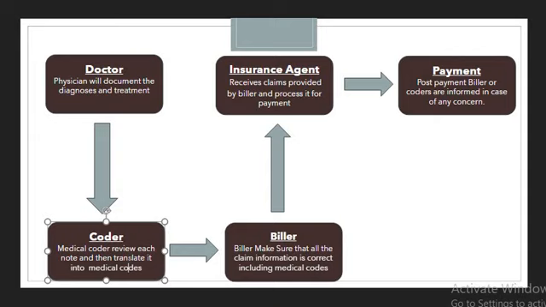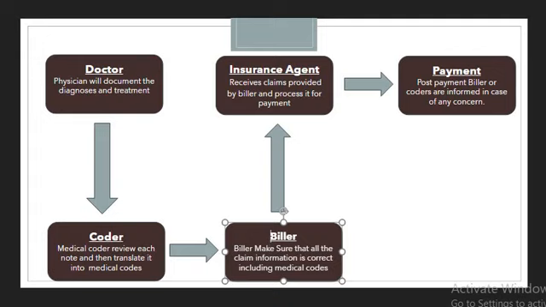So the second responsibility is for the coder, and his responsibility is to understand the document provided by the doctor and transform that medical document into medical codes. Once it is done, he will provide all the required details to the biller.